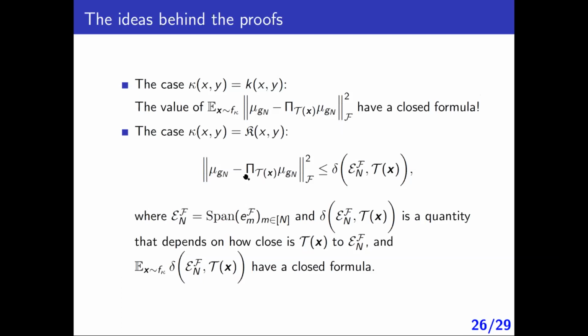And the idea was to upper bound this by some quantity that corresponds to how close the subspace T of X of kernel translates is to the subspace of the eigenfunctions. The idea is to prove that there is a quantity that has a closed formula and upper bounds this interpolation error.